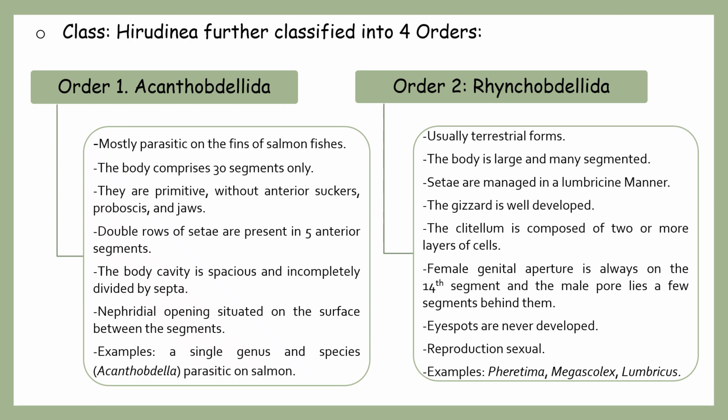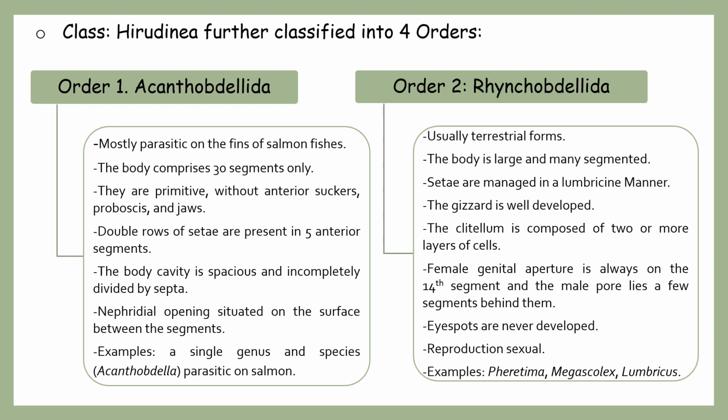The body comprises only 30 segments, and it is a little bit primitive type of leech. They don't have any anterior suckers, proboscis or jaw. The body is a little bit spacious inside, incompletely divided into septa. The example for this order is Acanthobdella.